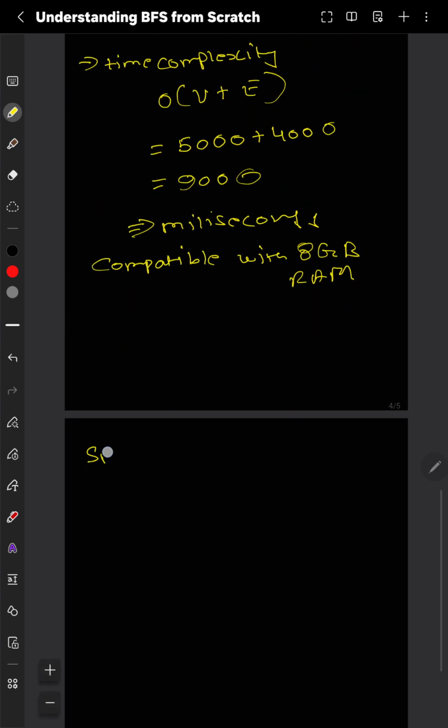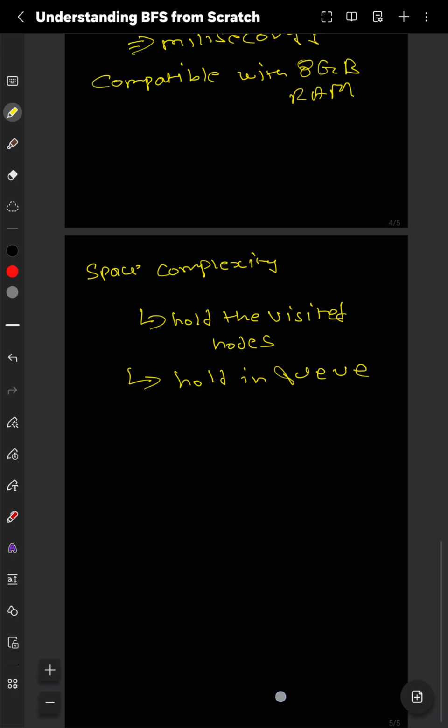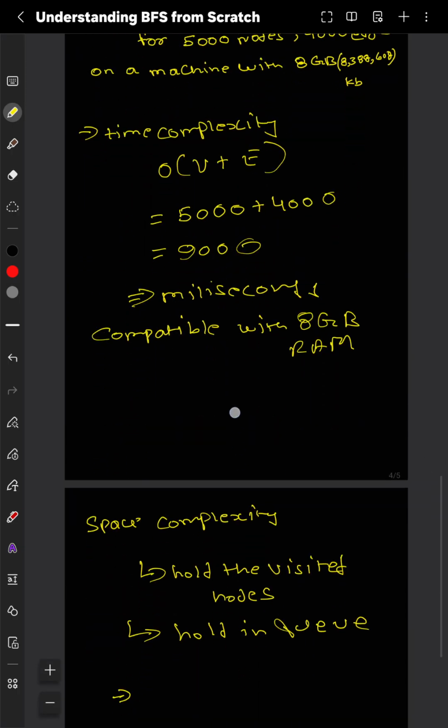Now in the space complexity, memory is being used at two places. First is to hold the visited nodes, second is to hold the queue. Now let's take a worst case scenario where we have around 5000 nodes.